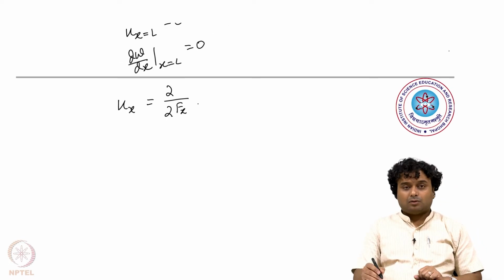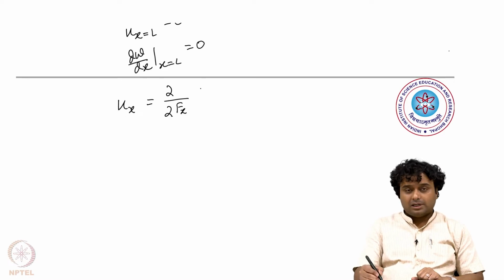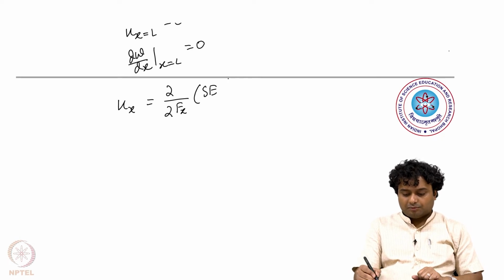Now we see what we get from these boundary equations in terms of Castigliano's theorem. According to Castigliano's theorem, ux is equal to the partial derivative of the strain energy with respect to Fx. What is this Fx? Fx is the force in x direction.